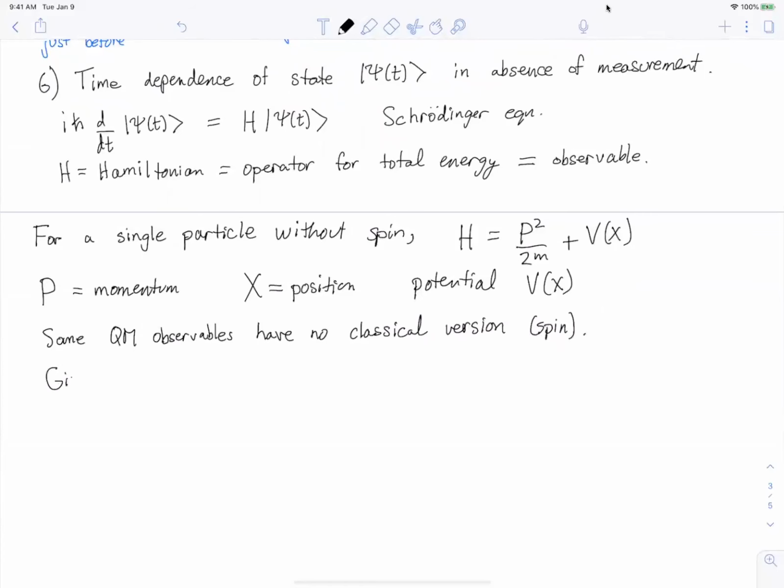So just for example, given a classical function of position and momentum, A of x and p, the quantum operator, let's call it capital A of X and P, is ambiguous in general. Sometimes it may not be ambiguous.